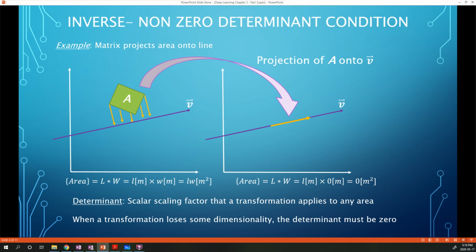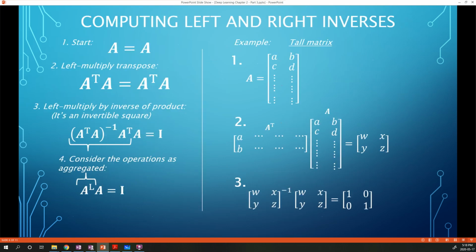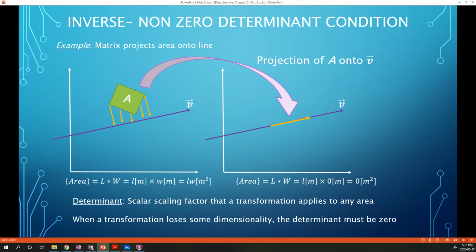This is because the vector, or area we're transforming, could have been at any of infinite points along that dimension that we compress, but after compressing it, there's no way to know where it was along that dimension. Mathematically, once we've scaled down to zero in this way, there is no number that we can multiply by zero to give another number that isn't zero. Anything multiplied by zero is zero. It's the great leveler. I recommend the video by 3Blue1Brown on matrix inverses to help visualize this, link in the description.